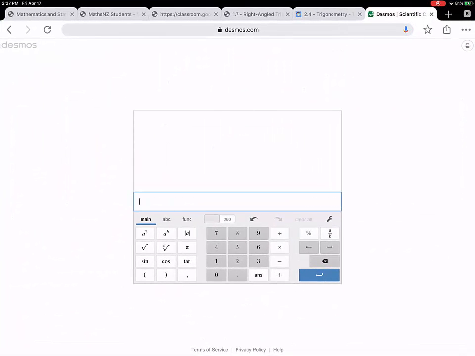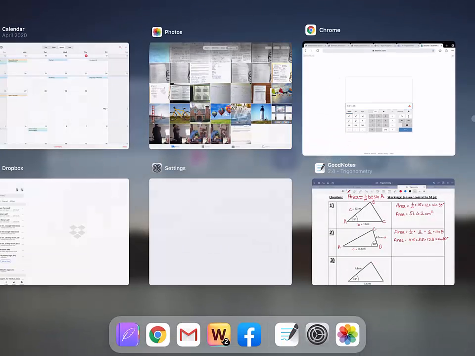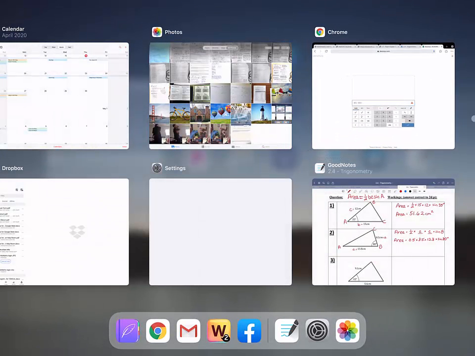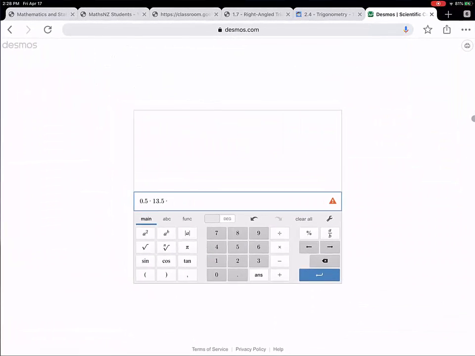Clear this out. 0.5, oops, I started typing 0.05. Oops, I did it wrong anyway.